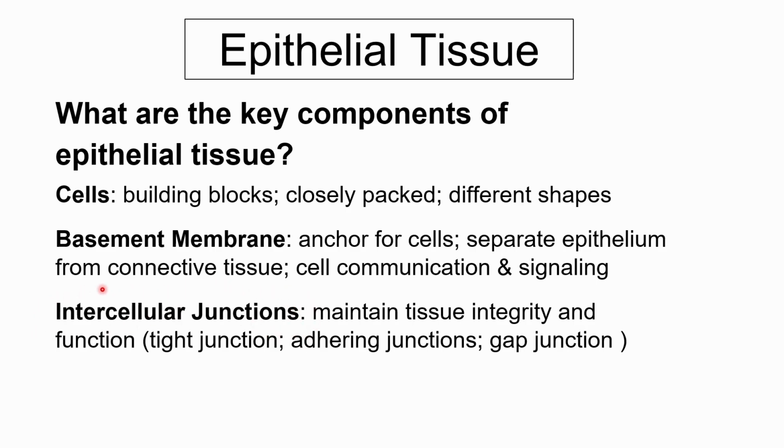These intercellular junctions are basically the areas of adhesion between the different adjacent cells. Okay? So they maintain the tissue integrity and function of your epithelial tissue. This is also a somewhat unique characteristic of your epithelial tissue. Intercellular junctions are present because the cells of your epithelial tissue need to be closely packed together.